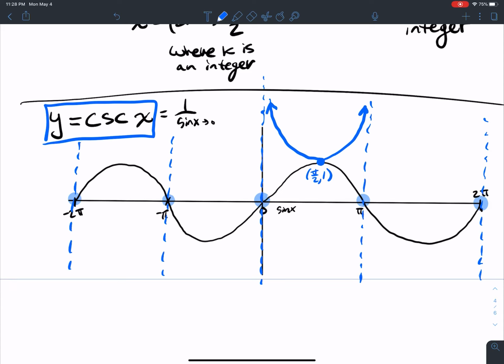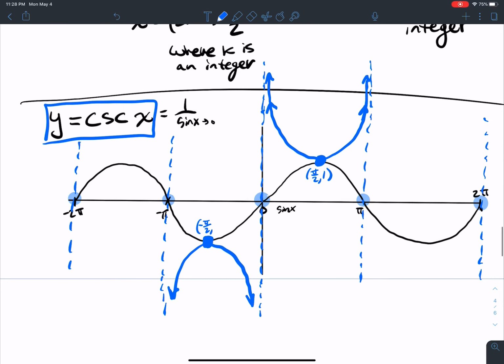It gets really close to the asymptotes, but obviously it doesn't cross. So really all it amounts to is figuring out where your vertical asymptotes are, and then figuring out where the peaks and valleys are.